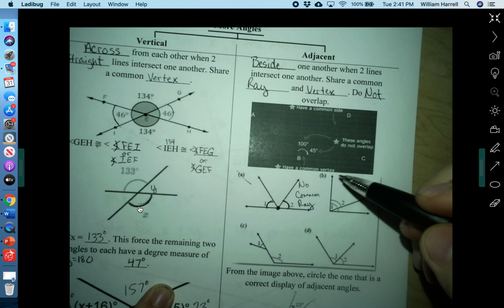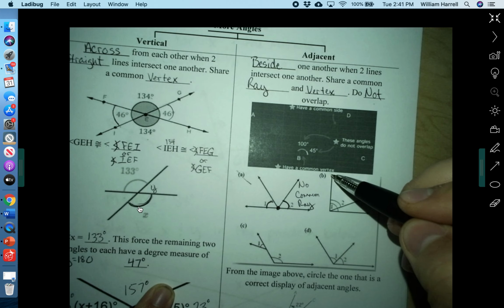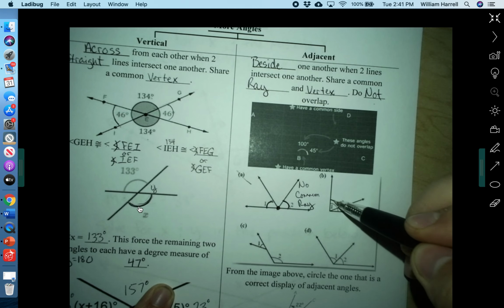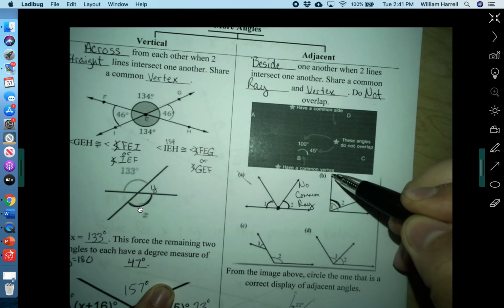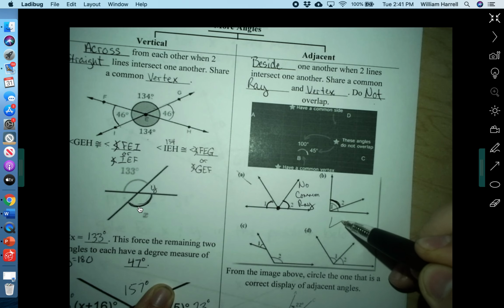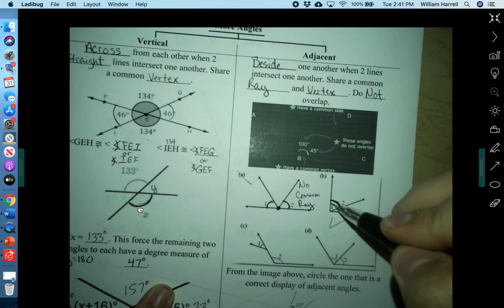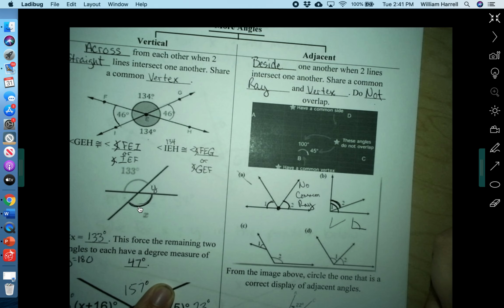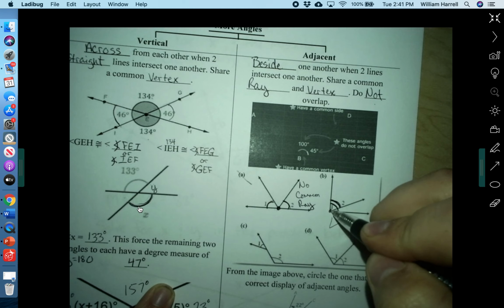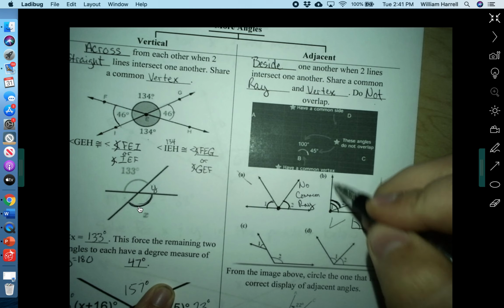Going on to B. In angle B, you have to really pay attention to these arcs right here. So that tells me one angle is this. So angle 2 is this. And angle 1 is the entire right angle. Because if you look at it, how it arcs, it touches from here to here. Okay. So angle 1 is the big right angle.